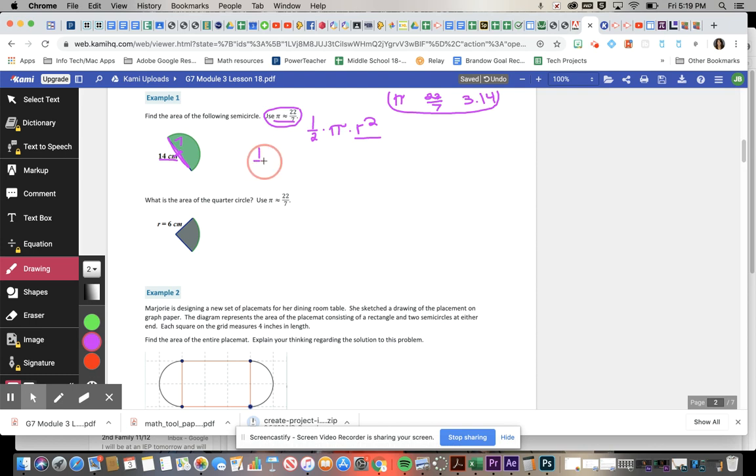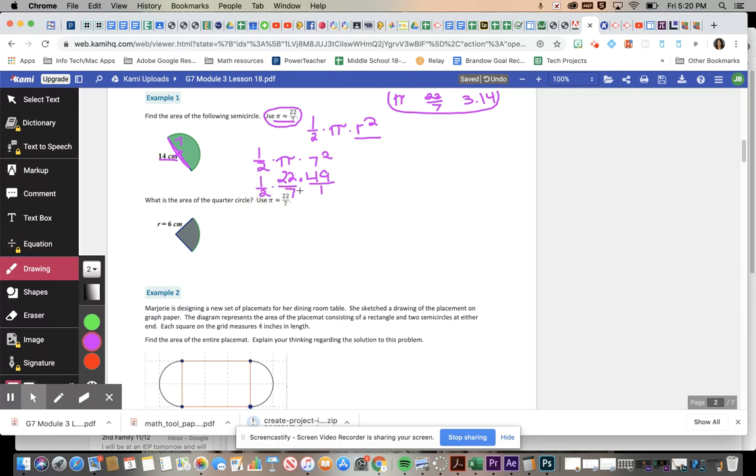So I'm going to rewrite this 1/2 times pi times 7 squared. And then I'm going to start filling in. I know 7 squared is 7 times 7, which is 49. Times, and I can write this all in fraction form, so 49 is the same thing as 49 over 1, times, they want us to use 22 over 7 times 1/2.